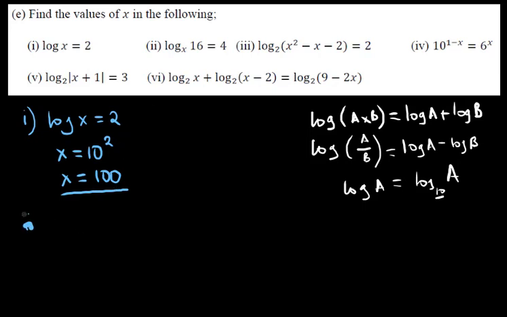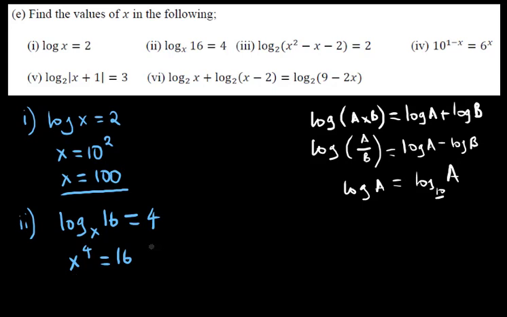Then for question 2, we have log to the base x of 16 is equal to 4. When we rewrite it in exponential form, it is the same as x raised to the power 4 is equal to 16.